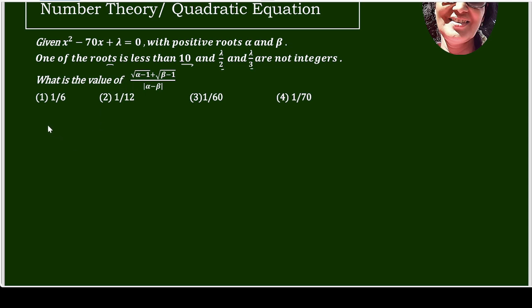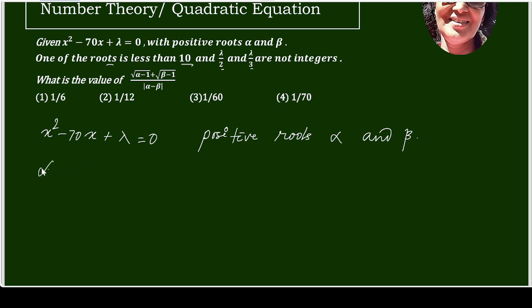So the equation is given as x square minus 70x plus lambda equals 0 and it has the positive roots alpha and beta.